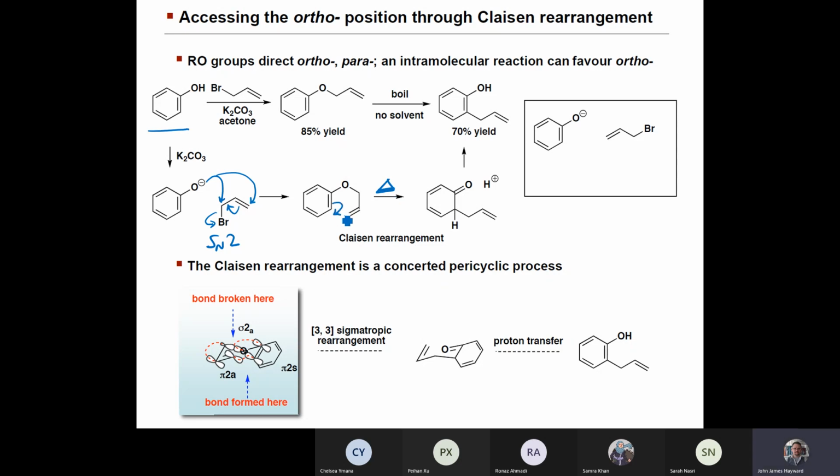you get a cyclic transition state, a cyclic mechanism that breaks aromaticity initially to give this diene ketone. And very unsurprisingly, loss of H+, gain of H+, rearomatizes to the phenol.